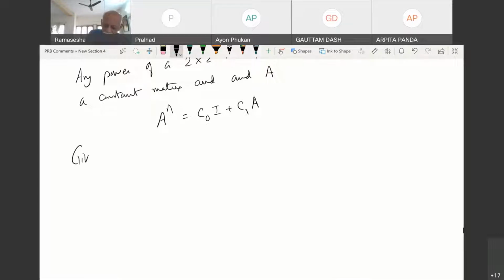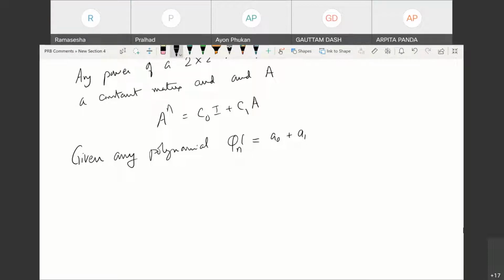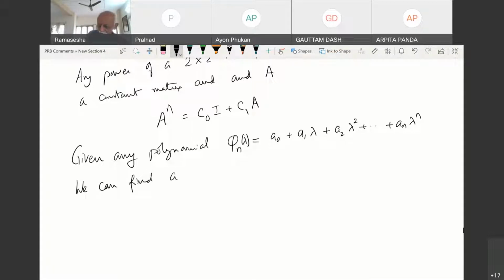Given any polynomial of degree n, let me call this P of lambda equal to a0 plus a1 lambda plus a2 lambda squared all the way up to an lambda to the n, we can find a matrix A which has this as its characteristic polynomial.